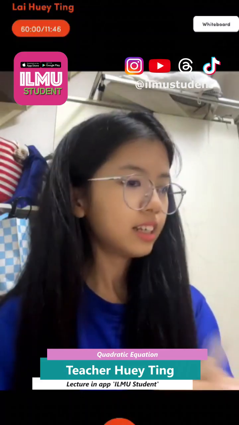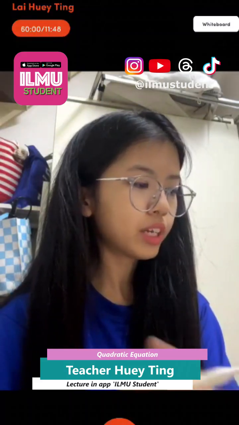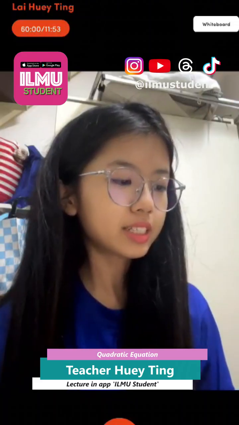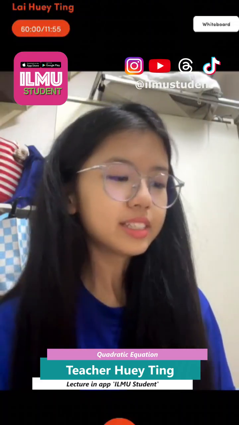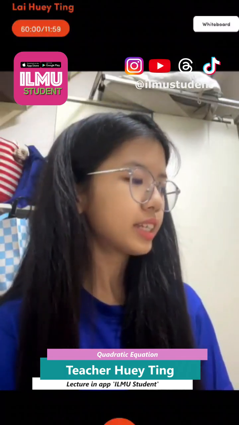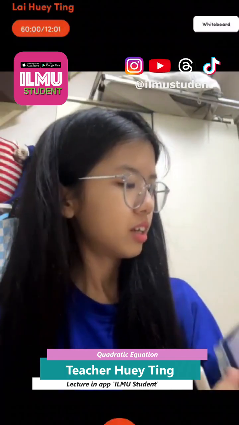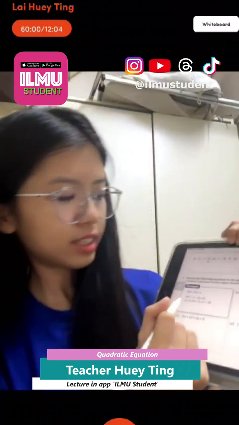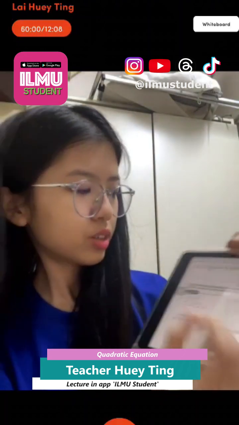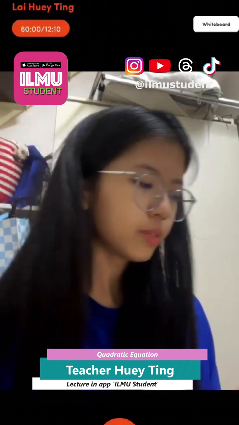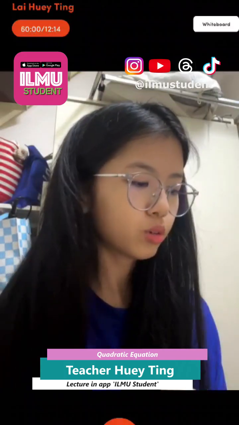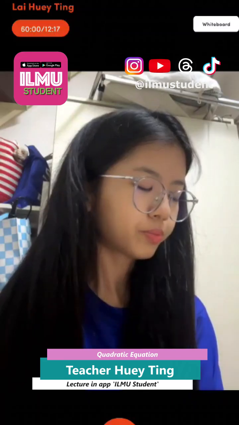Okay, then let us express the following equations in the general form ax squared plus bx plus c equal to 0. Hence we state the values of a, b, and c. We have to expand all of these. So for a, we expand it: 3x squared plus 6 equal to 4 minus x.